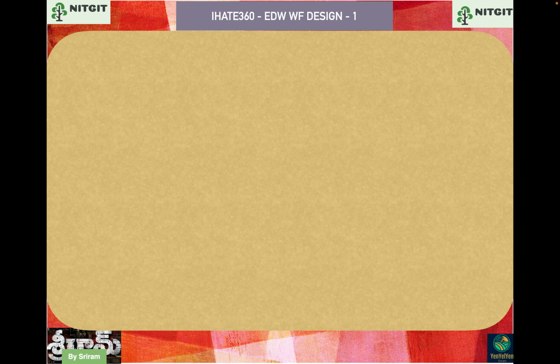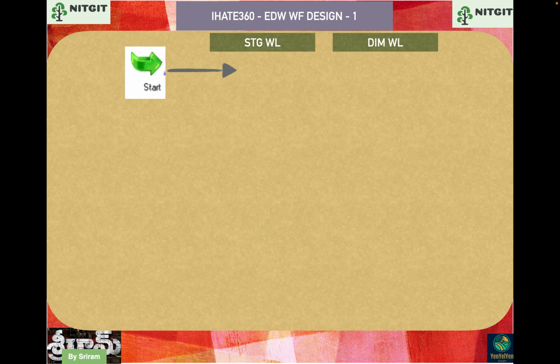Here's the EDW workflow design. We have loaded IDH data, so we are looking at dimension load first. Dimension also has a stage worklet and a dimension worklet, which together is called a dimension workflow.